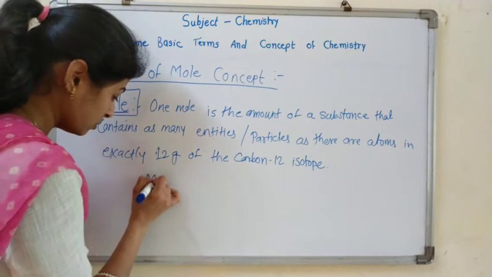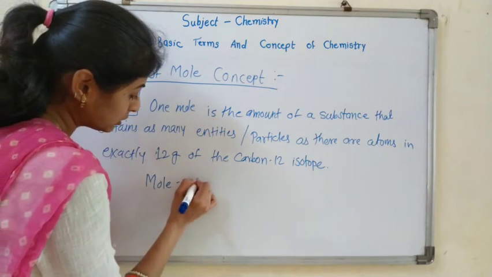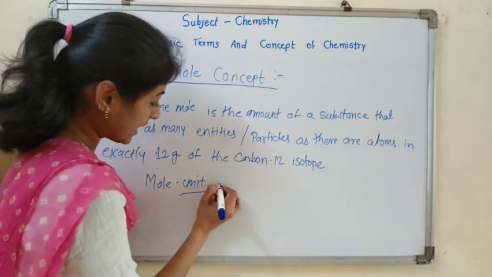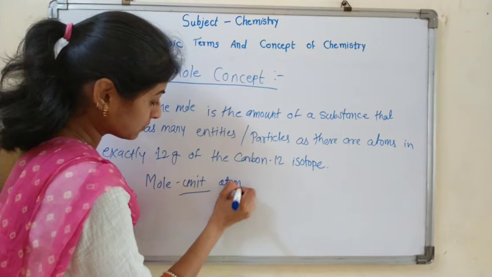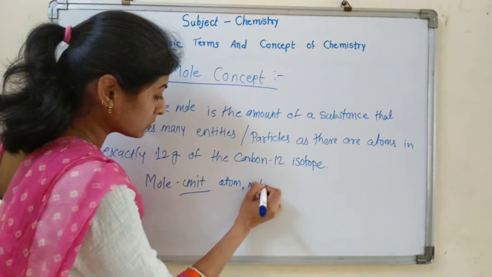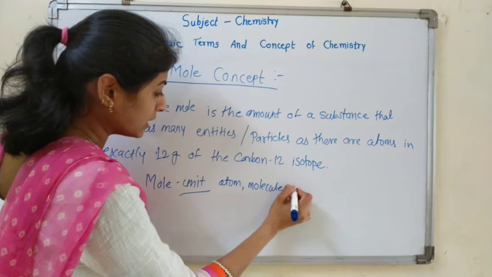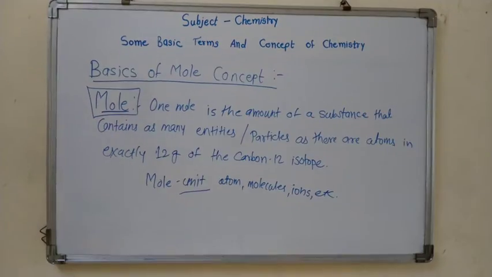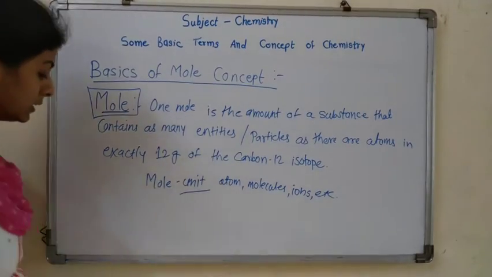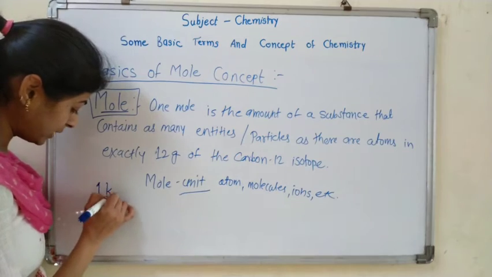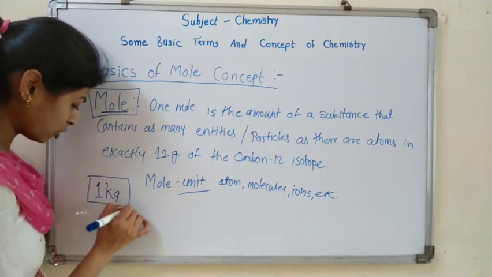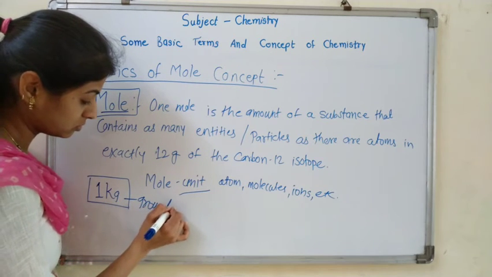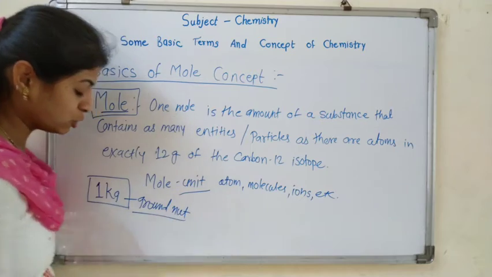That is, mole is a unit to measure small quantities like atoms, molecules, ions, etc. Okay. Suppose we have to measure 1 kg of something, we call it groundnut. What are we actually doing here?